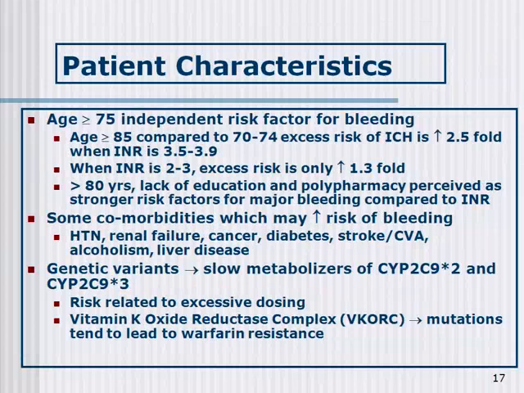When they're above the age of 85, then there's actually an even greater risk of bleeding compared to patients that are 70 to 74 years of age. So those above 85, when their INRs are above 3.5, they have a 2.5-fold increased risk of intracranial hemorrhage compared to patients who are in their 70s who have that higher INR.